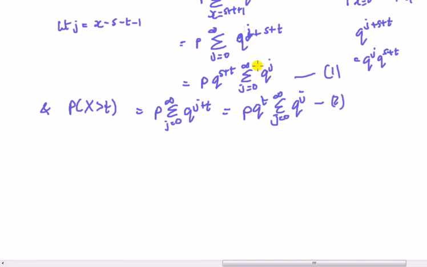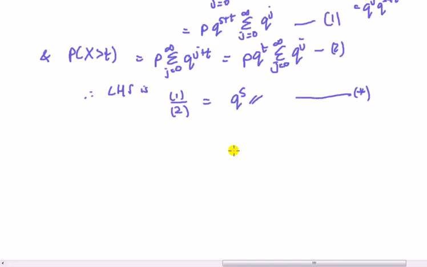You can see why I didn't bother to write that, because a lot of these are going to be the same, they're going to cancel. Therefore, the left hand side is basically expression 1 divided by expression 2, and you can see that's going to be q to the s. Let's call this star.